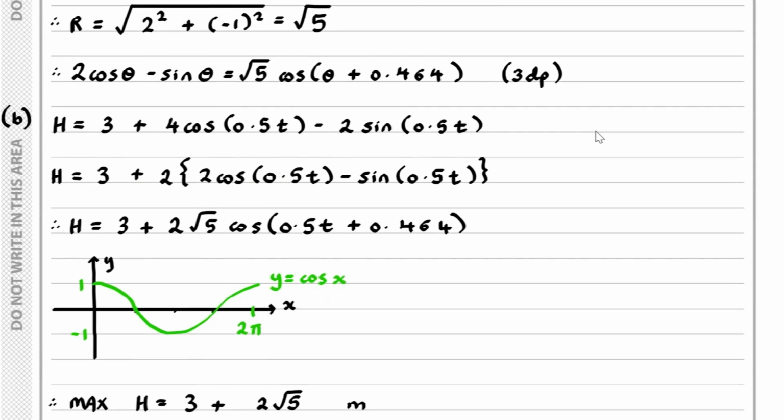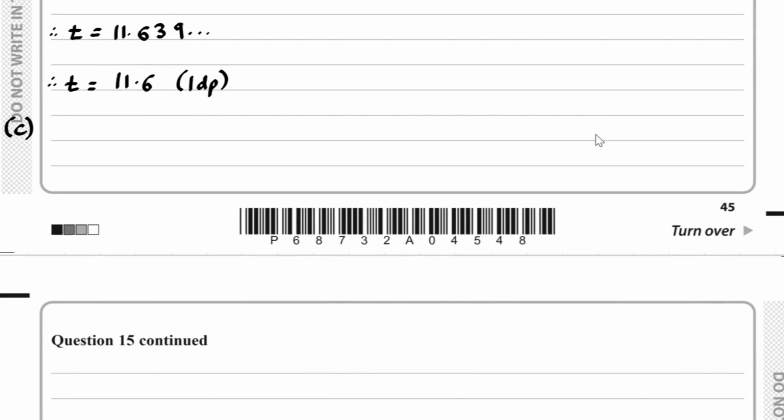So, when h is equal to 0, we've got 3 plus 2 root 5 times the cosine of 0.5t plus 0.464 equals 0.